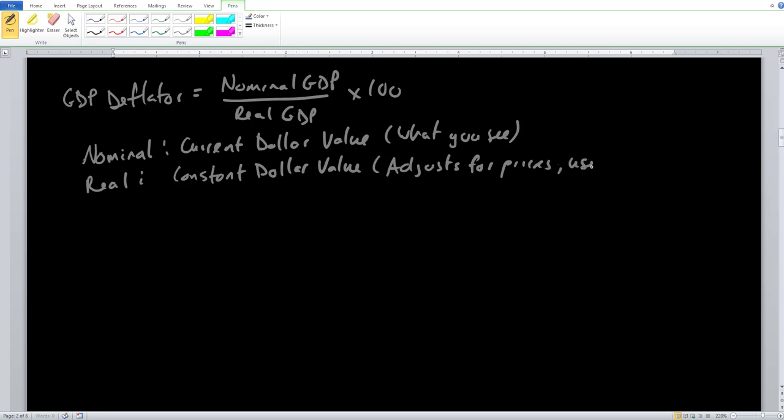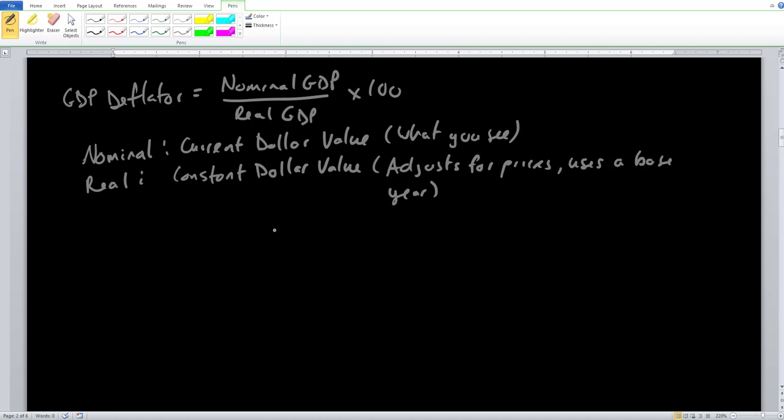Knowing this, dividing nominal GDP by real GDP and multiplying by 100, we get the GDP deflator. I think the current calculations that the BLS uses either 2000 or 2010 as a base year, but once again, the choice of base year is pretty arbitrary.